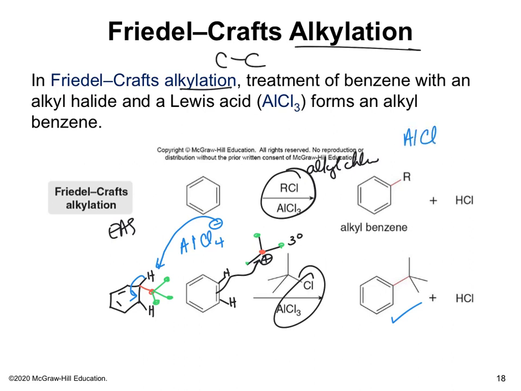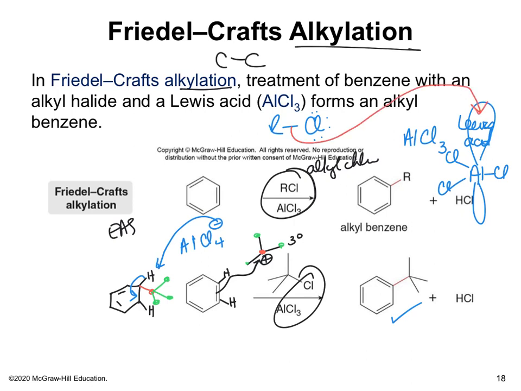Aluminum chloride is also a Lewis acid, and so Lewis acids accept a lone pair. If you look at the structure of aluminum, you would see that it has these unhybridized p orbitals, and so then the chlorine will take its lone pairs and donate them to aluminum trichloride, and then that gives it an R+.